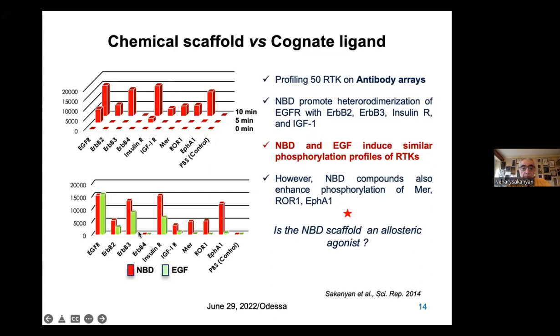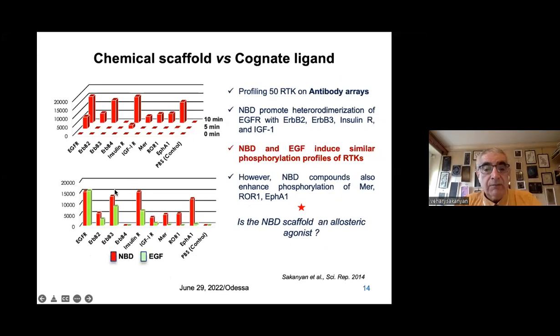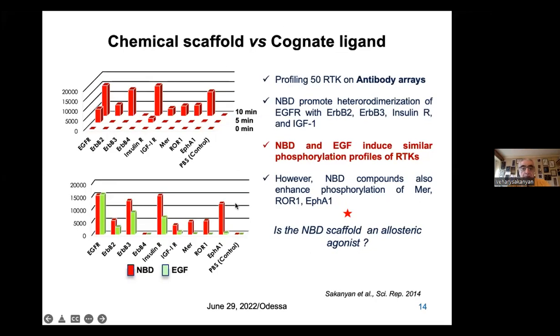If you compare this binding with what has been done with EGF in parallel, we have a similar picture for the receptor tyrosine kinases. But as you can see, there is no activation of some other receptor tyrosine kinases by EGF, whereas there is a clear, though lower, binding or activation of the receptor tyrosine kinases by the NBD molecule.